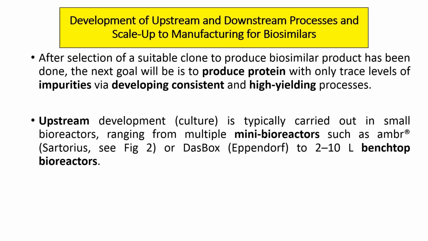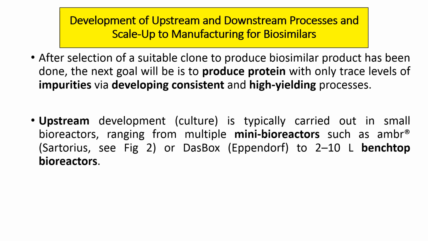So after understanding the reference drug and selecting the right expression system, we need to know more about the development of upstream and downstream processes and scale-up to manufacturing for biosimilars. Note that biosimilar development follows the same path as a new biopharmaceutical development in terms of upstream, which means culture, and downstream, purification processes development.